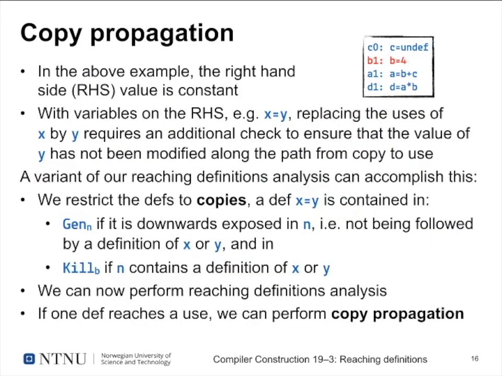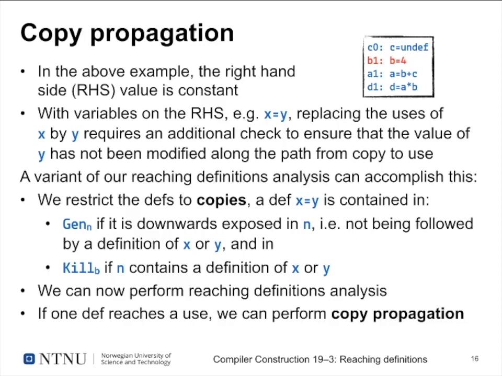In this previous example, the right hand side was constant. With variables on the right hand side, like we've seen with x equals y, replacing a use of x by y requires an additional check to ensure that the value of y has not been modified along the path from copy to use. We can define a variant of our reaching definitions analysis to accomplish this.